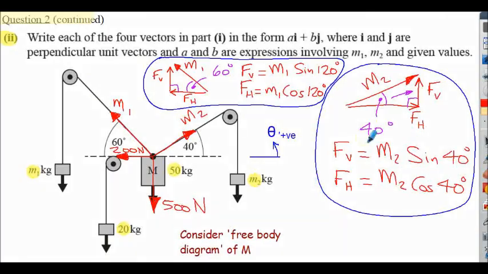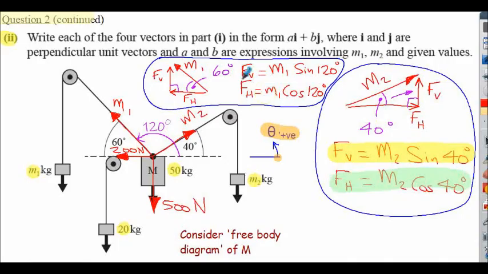What I have done slightly differently here within my solution is to consider theta positive anti-clockwise from this location here. If we apply this convention, then it makes it quite easy to write down the equations. So this angle here is the 120 degrees in this case. Now when we consider the force associated with mass m2, the vertical force is the sine of 40 degrees, the horizontal force is the cos of 40 degrees.